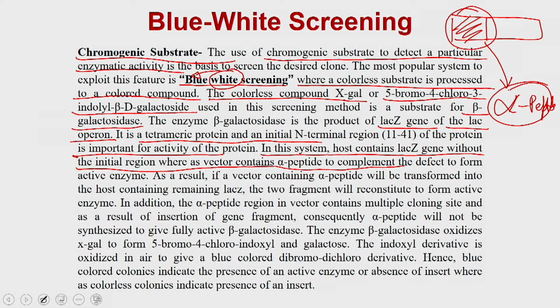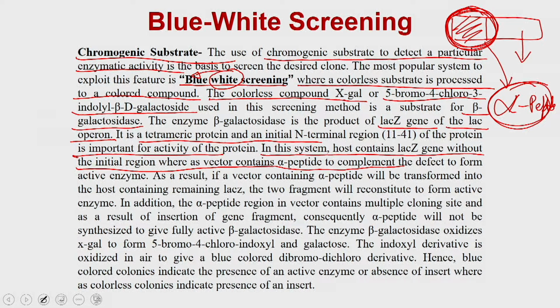So, if you have a bacterial strain which does not contain this particular region, then the LacZ that you have is not going to be functional. In that case, you design a vector which is going to express this missing portion, called the alpha peptide.